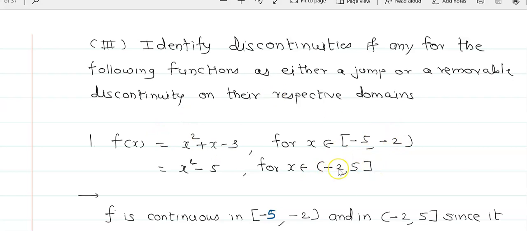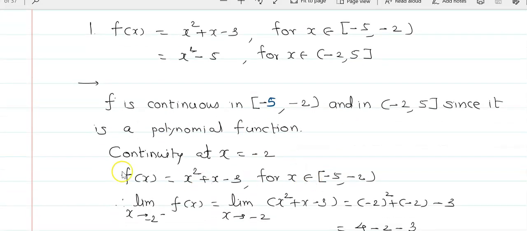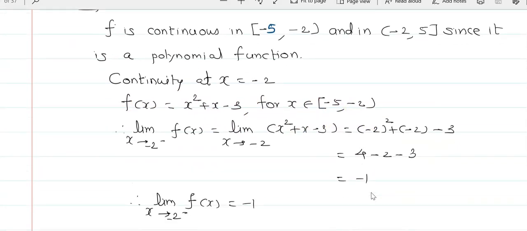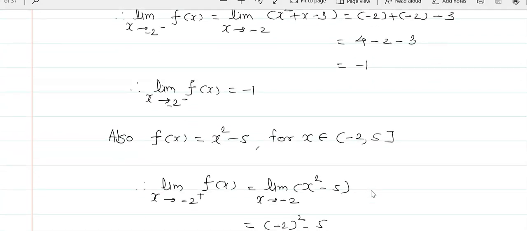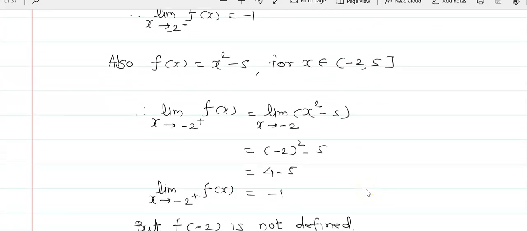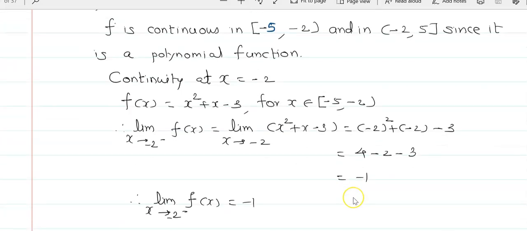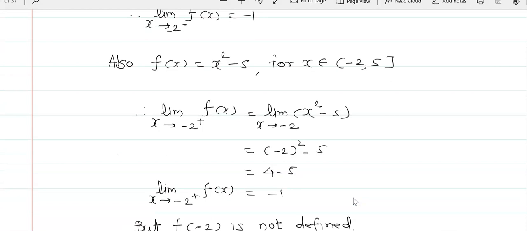Again, it is a polynomial function, it is continuous, and we check the continuity at x is equal to minus 2. The left hand side limit is minus 1 and the right hand side limit is also minus 1. F of minus 2 is not defined here. Therefore, here we will define f of minus 2 and the problem is over.